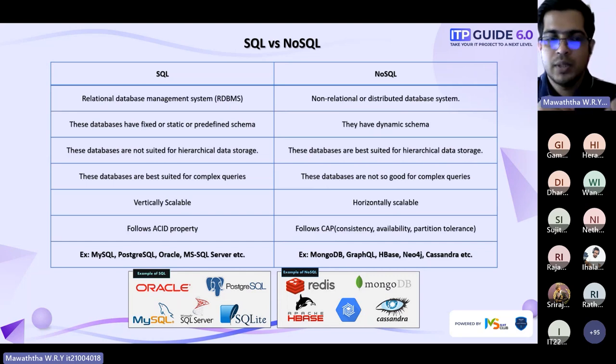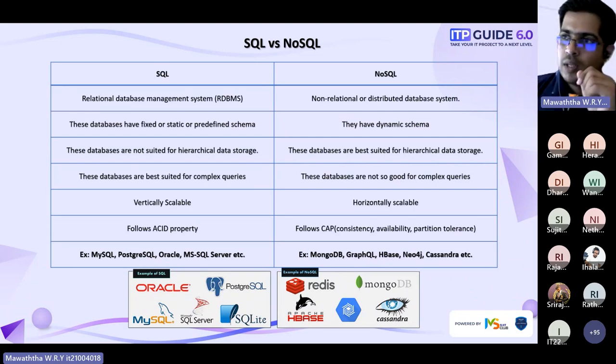SQL databases are best suited for complex queries, since they contain relationships between the tables, and NoSQL databases are not suitable for complex queries. SQL databases are vertically scalable, while NoSQL databases are horizontally scalable. For SQL databases, examples are MySQL, Oracle, and MS SQL Server. For NoSQL, examples are MongoDB, GraphQL, and Neo4j. I'll show you how these databases work.